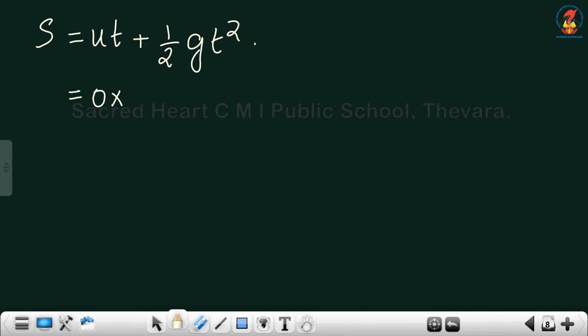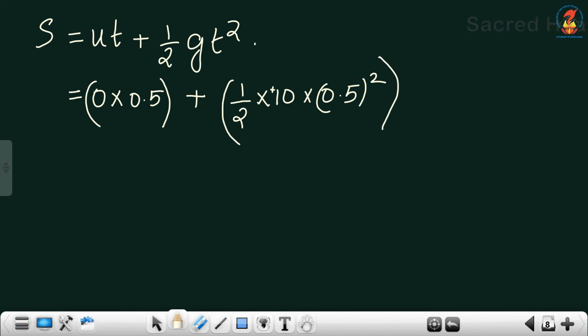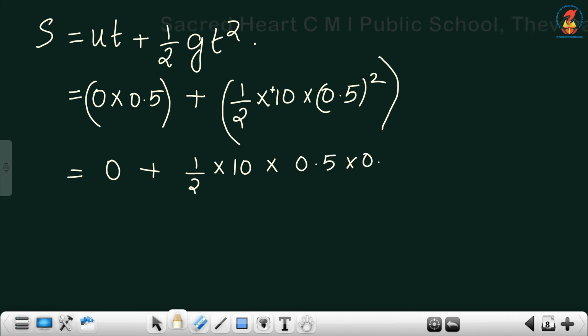Again, u is 0, t is 0.5 seconds, plus half into g, value of g is 10, and it will have a positive sign because the body is descending down, and t square is 0.5 square. 0 into 0.5 is 0, plus half into 10 into 0.5 into 0.5.